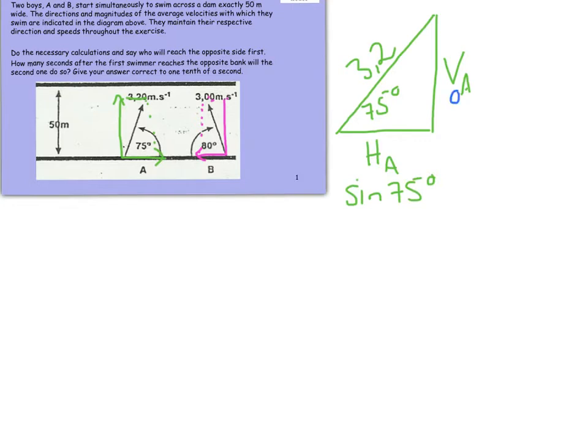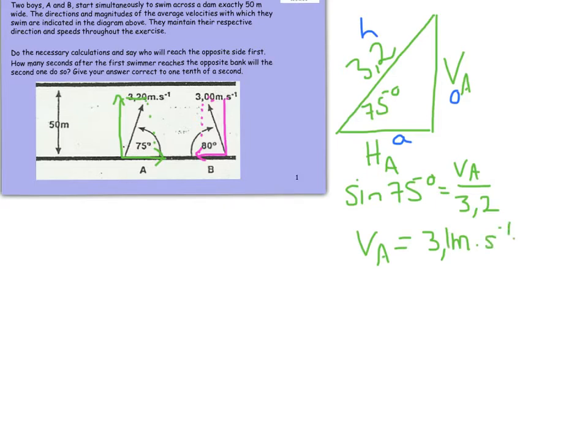That would be opposite, this would be adjacent, this will be hypotenuse. So sine of 75 degrees is equal to VA, my opposite, over my hypotenuse 3,2. Plug that into my calculator and I get that VA is equal to 3,1 meters per second.